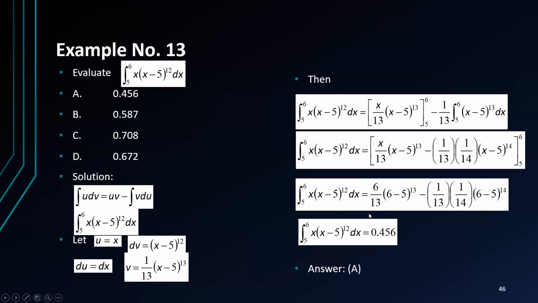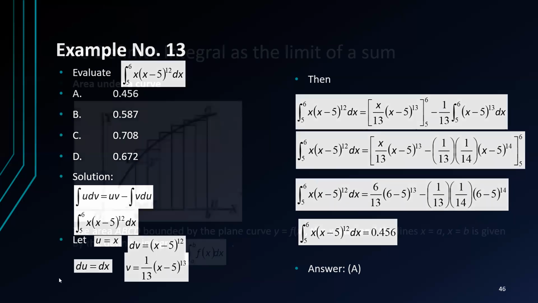So, it is equal to 6 over 13, 6 muna, 6 over 13 times (6 minus 5) exponent 13, minus 1 over 13 times 1 over 14 times (6 minus 5) exponent 14. Minus yung 5 pag sinubstitute mo dito, so this becomes 0 lahat, di ba? Ayan. So, ito na lang, yung 6 na lang makikita mo dyan, is equal to 0.456. So, the answer is letter A.